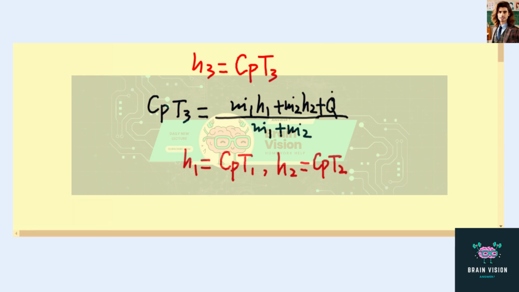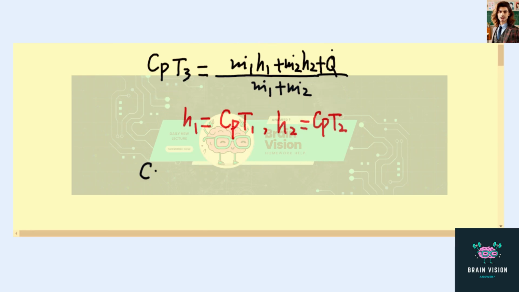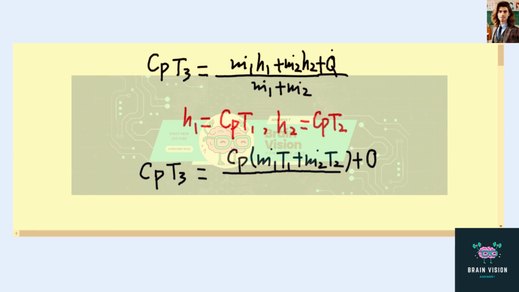If we do some arrangement, we have CpT3 equal to Cp times M1 dot T1 plus M2 dot T2, plus Q dot, over M1 dot plus M2 dot.